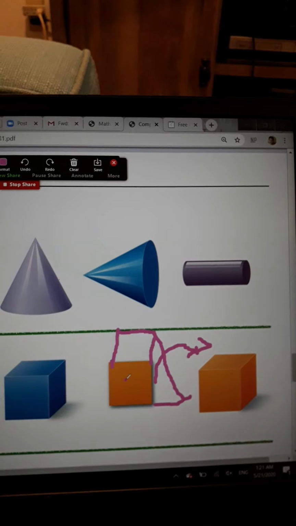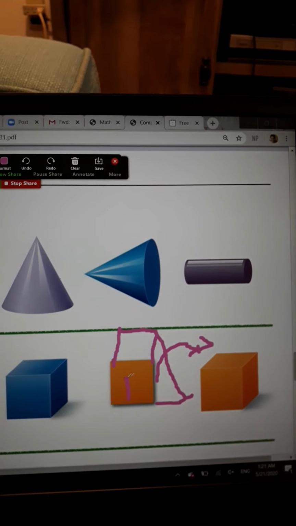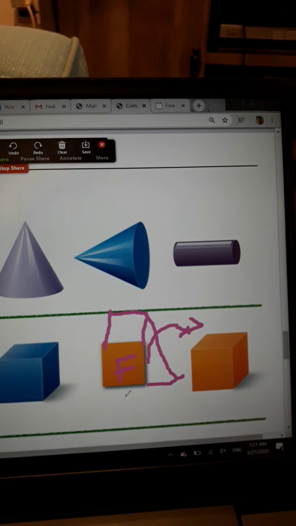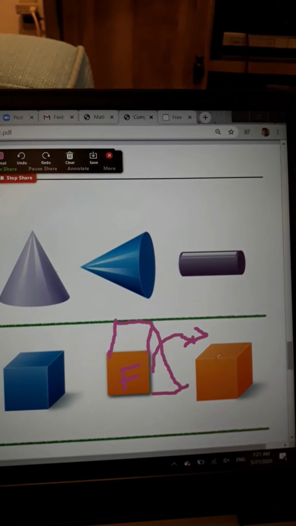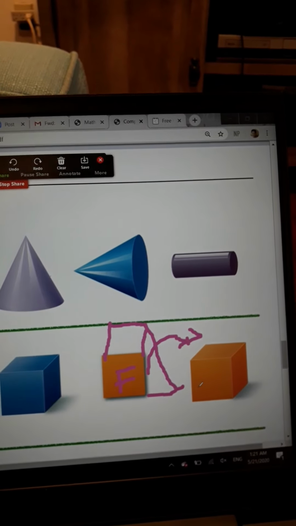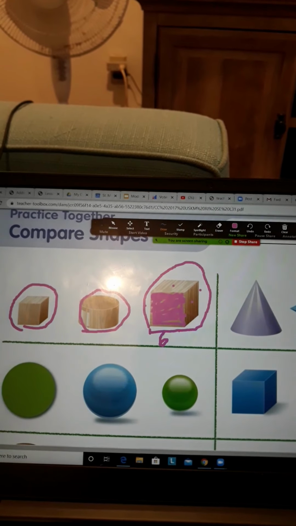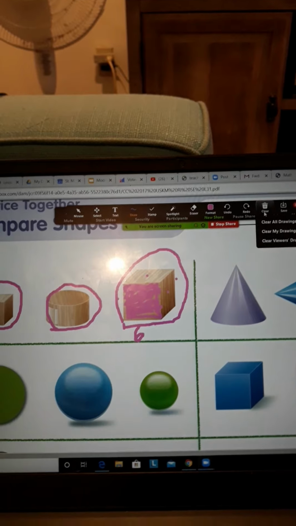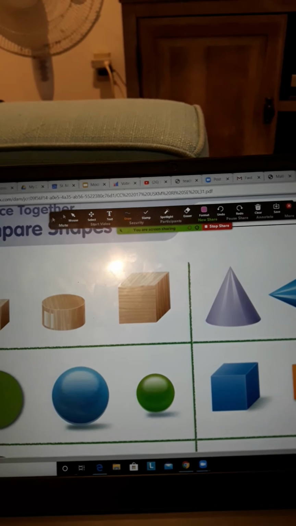Right now this is a flat shape, a flat square. So even the name changes. This is a square, and when it becomes a solid, it's a cube. For this particular exercise, it wants you to identify what are solids and what are flat shapes. Let me show you what is next.